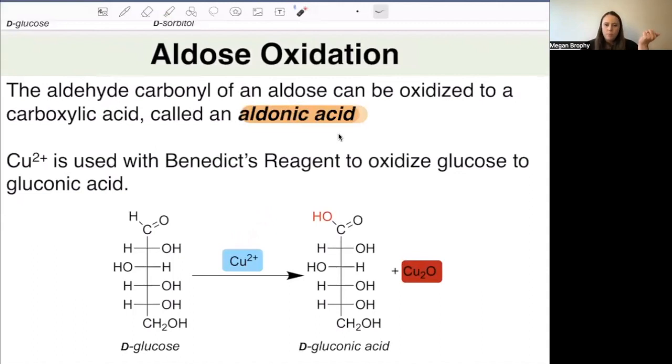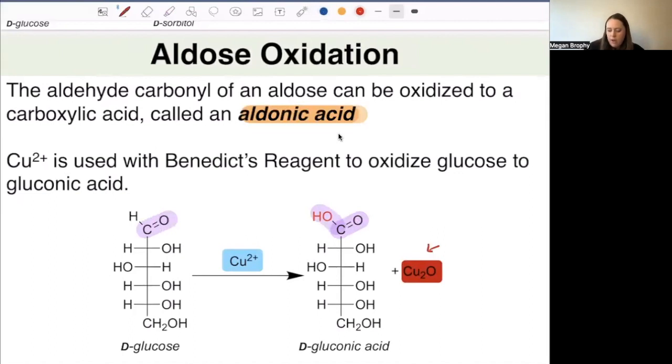So when we oxidize glucose to gluconic acid, we're starting with 2 carbon-oxygen bonds, and then we're oxidizing to make now 3 carbon-oxygen bonds. So in that case, the copper is reduced, copper oxide forms, and this is like a brick red color.